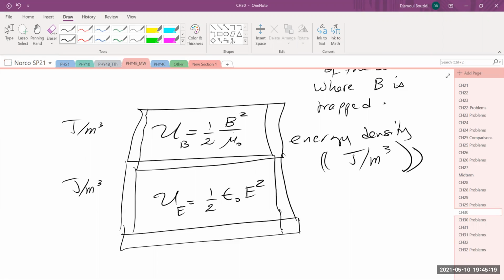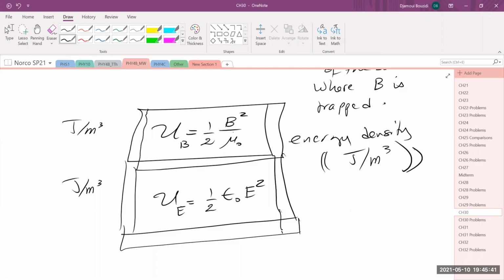I said we're going to use it in chapter 32 because physics 4C was a little bit out of sequence with physics 4B, but this is where that result is coming from in physics 4C. For those sitting in physics 4C with me or sitting somewhere else in physics 4C, or who are planning to take physics 4C, you need to remember this result. Not only that, but we're going to need it actually in chapter 32, okay?